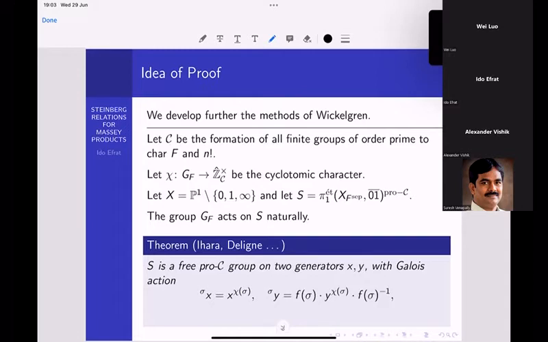Sigma acts on Y by first exponentiation by the character, but then we conjugate by an element which I call F sigma. What's that? F is a continuous one-cocycle from the Galois group to the pro-C group.